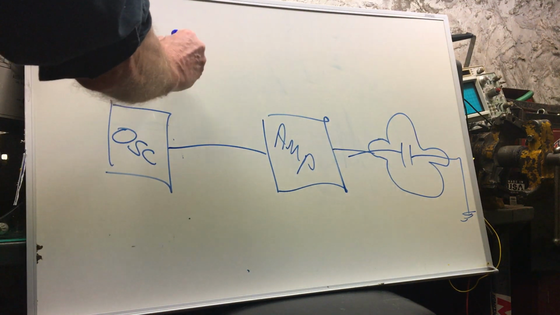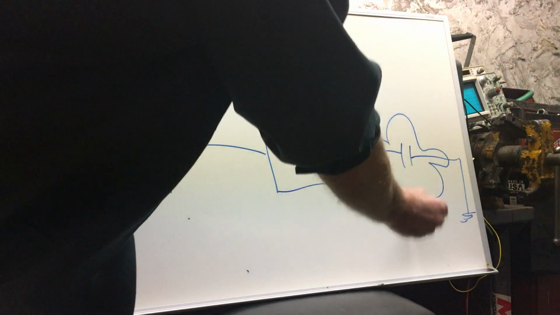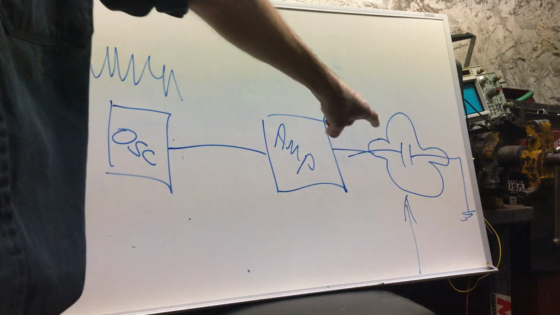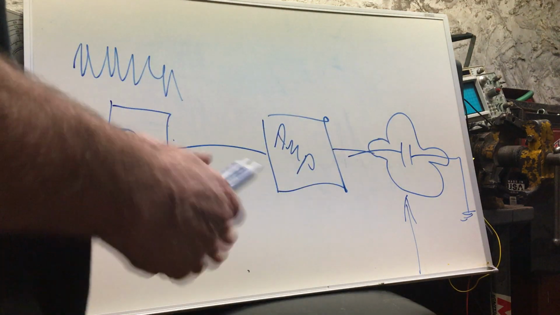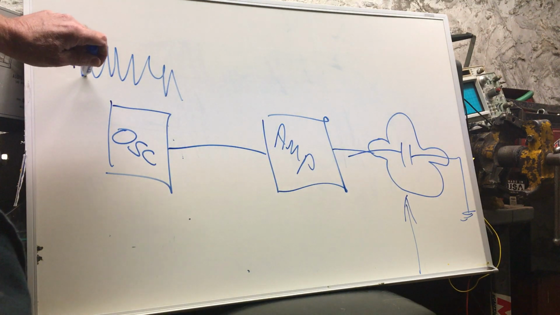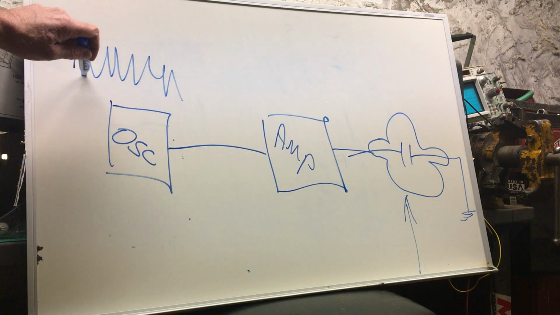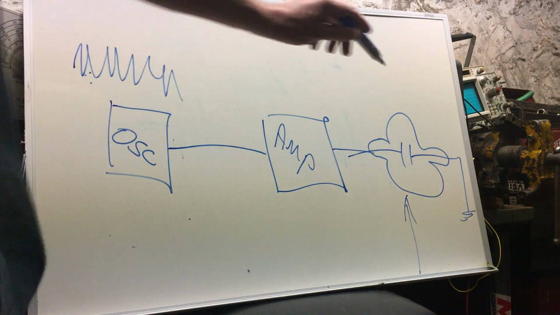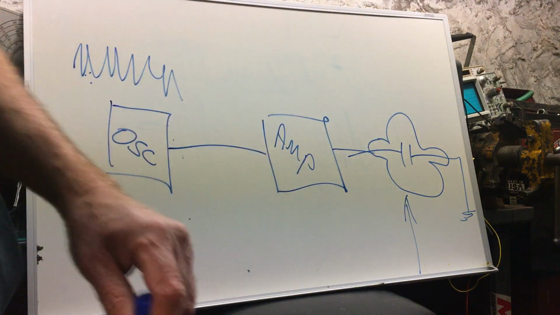It never stops. The pulsing happens at the tube. The tube is pulsed on and off with an ignition voltage, and so every time the tube pulses on and off, the oscillator frequency and phase remains the same. It is not changed by the fact that it's pulsing over here.